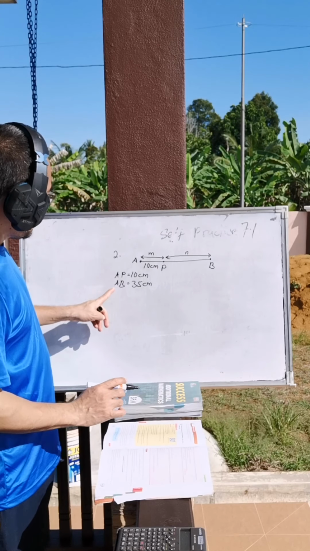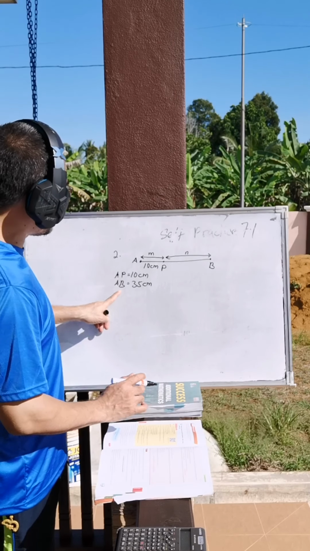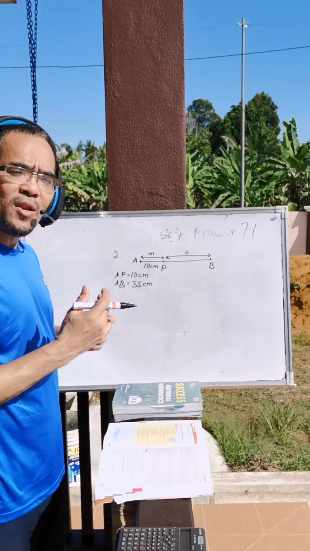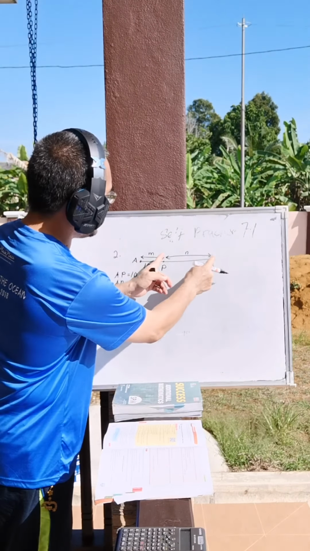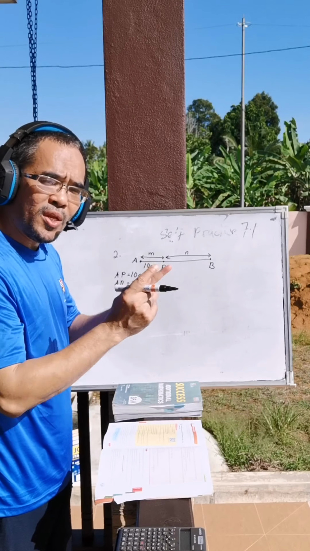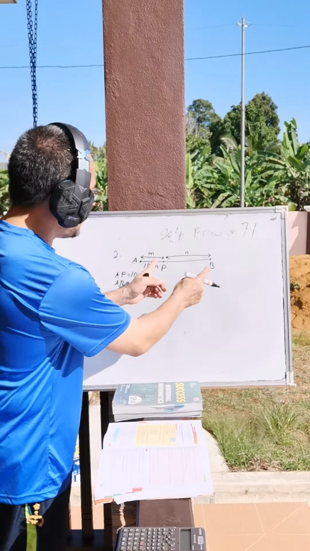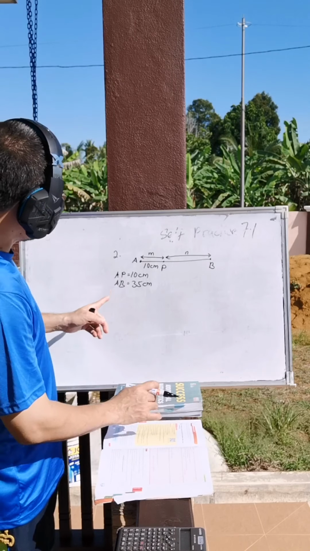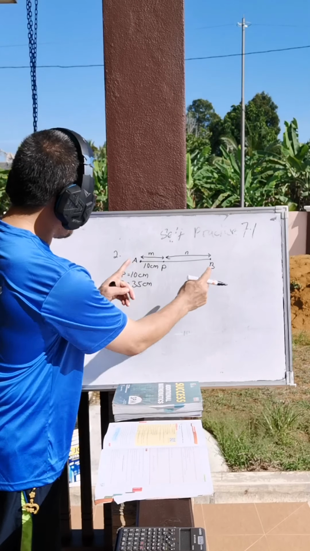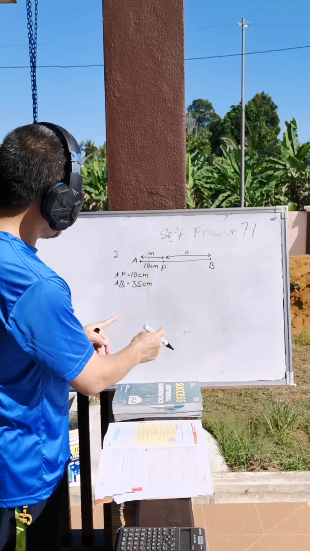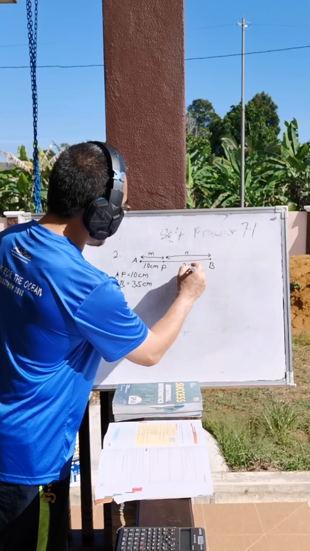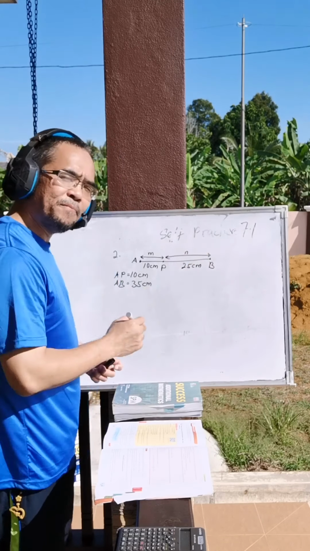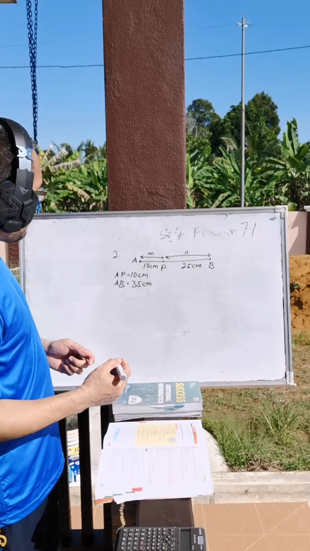Even though AB is given as 35, we are not interested in the length of the whole thing. We need to know the ratio for N, so we need the length of PB. Because AB is the whole thing and AP is 10, so 35 minus 10, you get 25 centimeters.